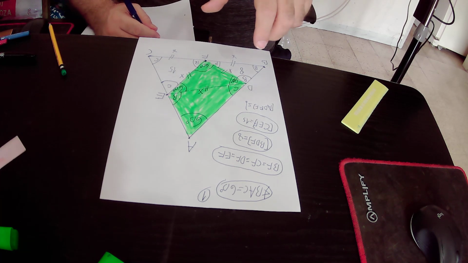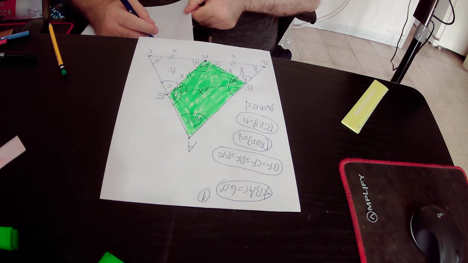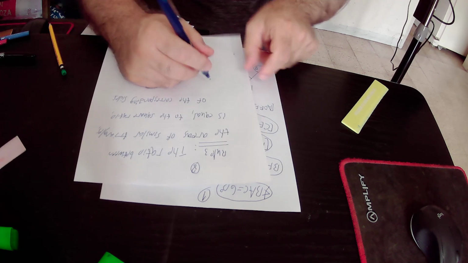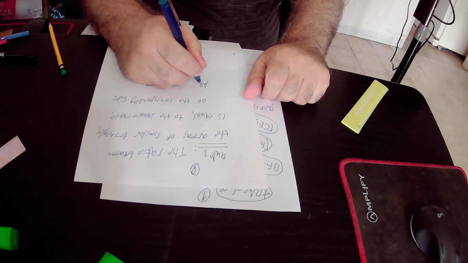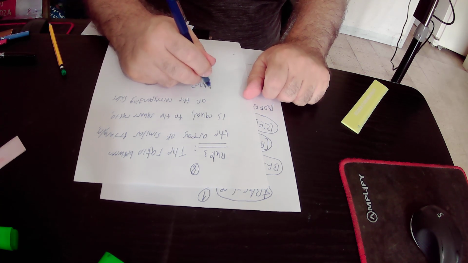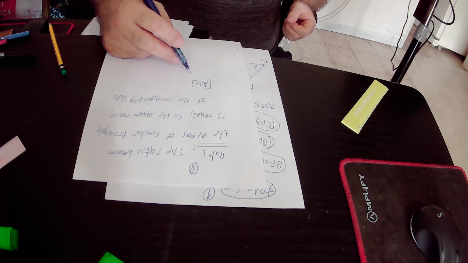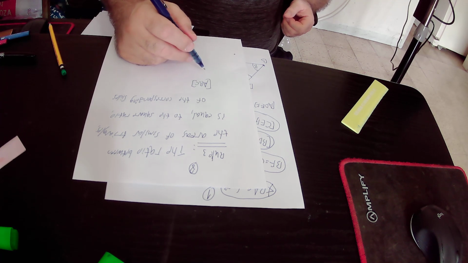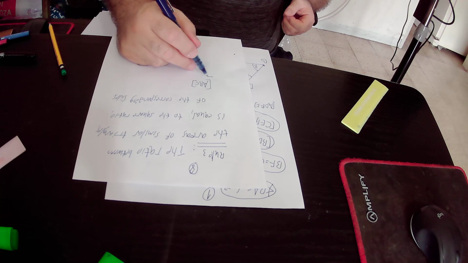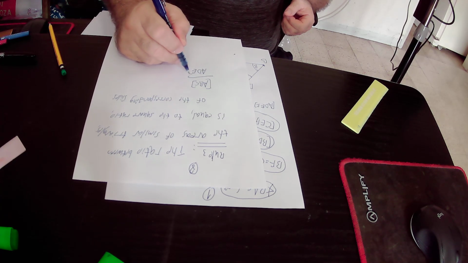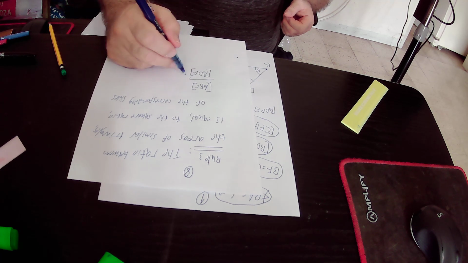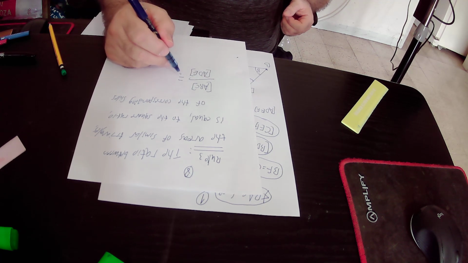if we divide the area of triangle ABC by the area of triangle ADE, this ratio will be equal to the ratio between the corresponding sides squared.